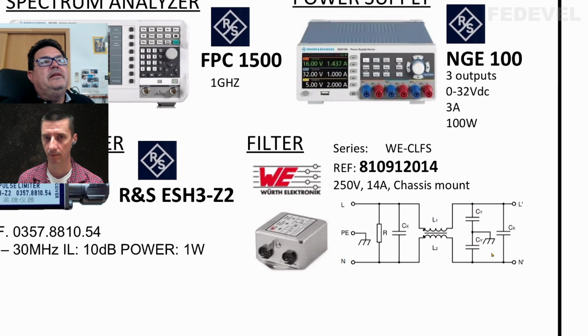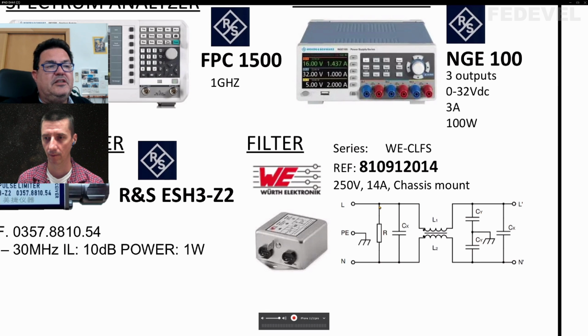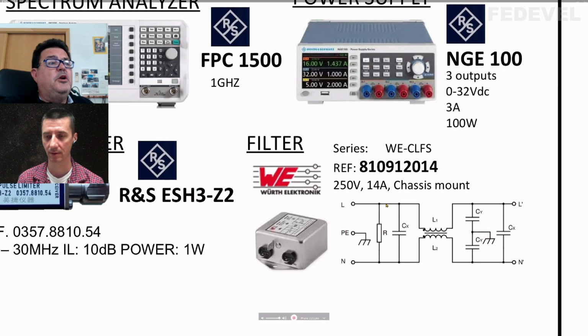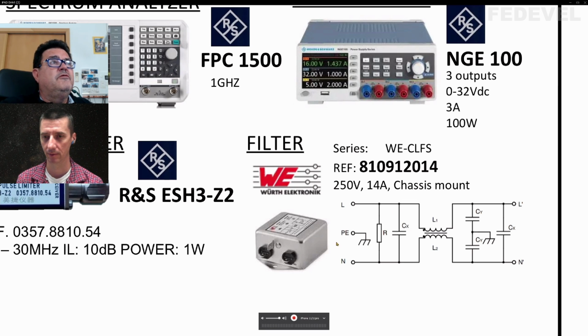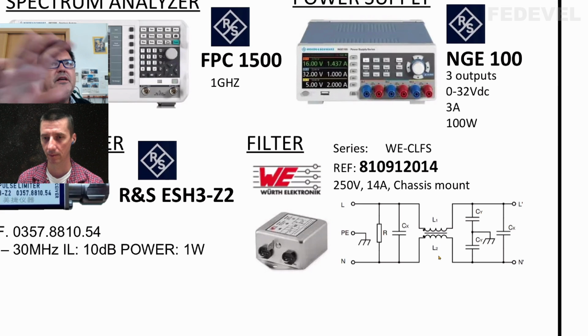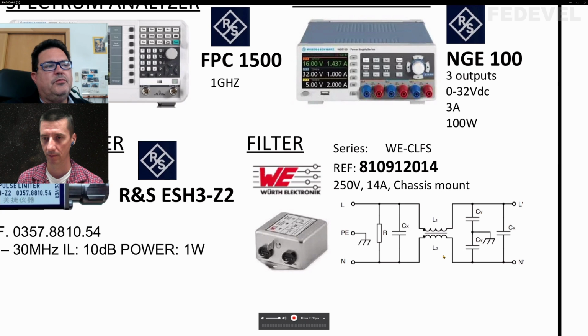Obviously you can change this for a DC filter, no problem. But I am using this kind of filter with success. Because this is more universal, you can use it in all the different measurements. It's very easy to find these filters from many vendors, and you can buy them from many of the typical distributors of electronic components. This is the idea.